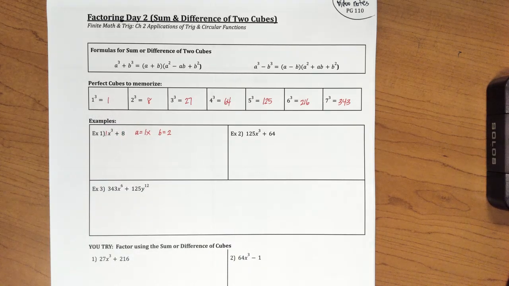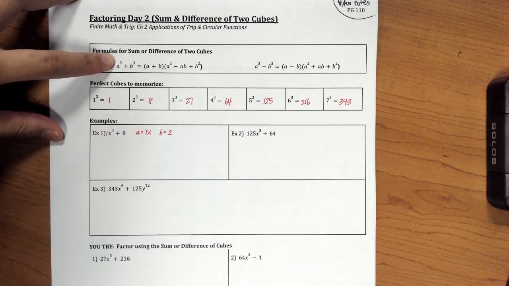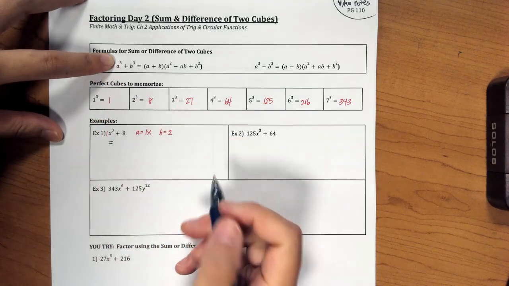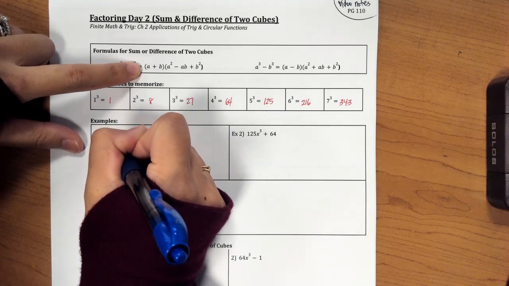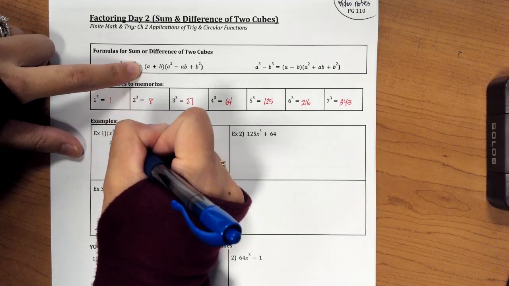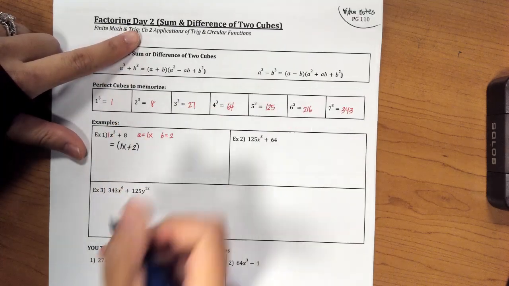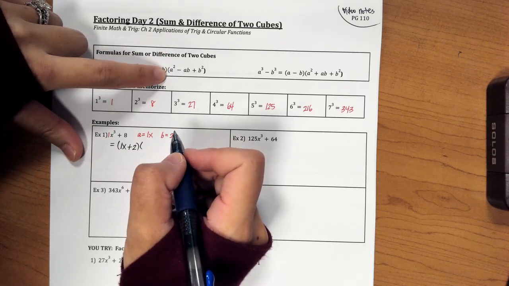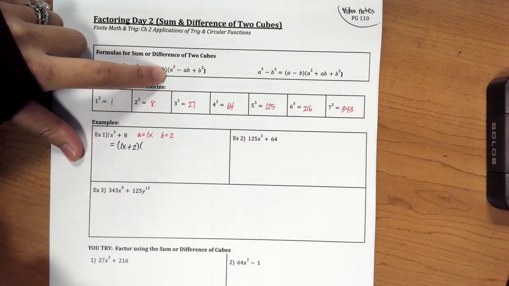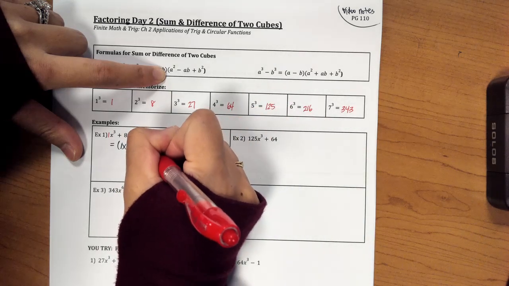Now that I have my A and B established, I'm going to take this formula because we're adding, and we know that it factors into this. This is A plus B. So my A value is 1x plus B is 2. And then here I'm going to have 1x squared. Let me write this out because right now it doesn't matter, but later it will.